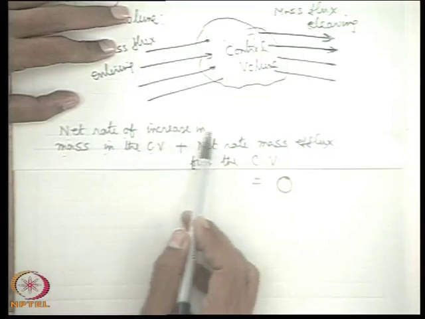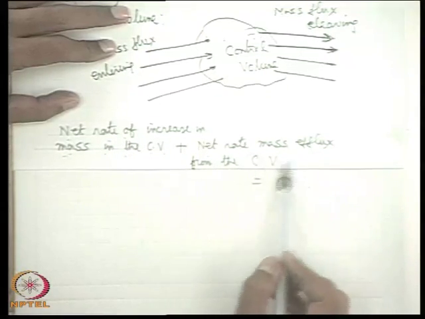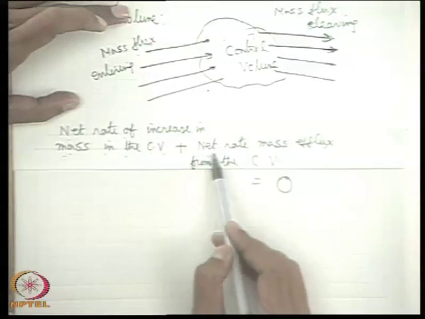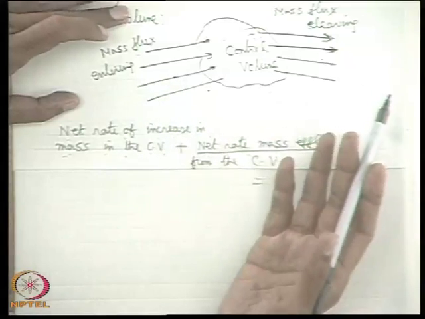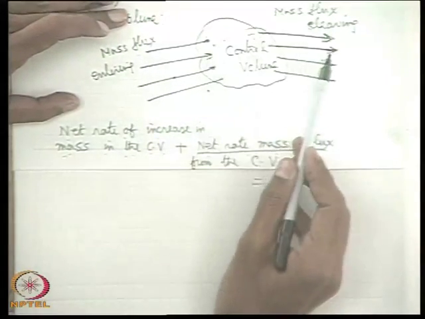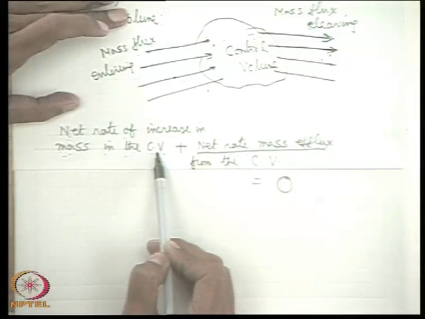So the net rate of increase in mass in the control volume is the negative of the net rate of mass efflux. That means the net rate of mass influx. One can see from very common sense that the rate of mass influx minus the rate of mass outflux is the net rate of increase in mass in the control volume.